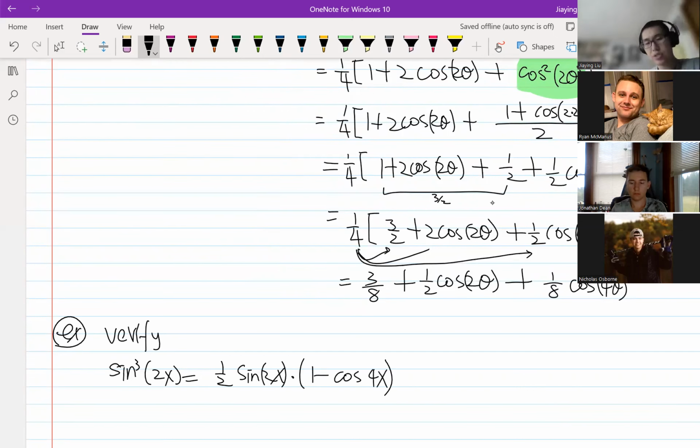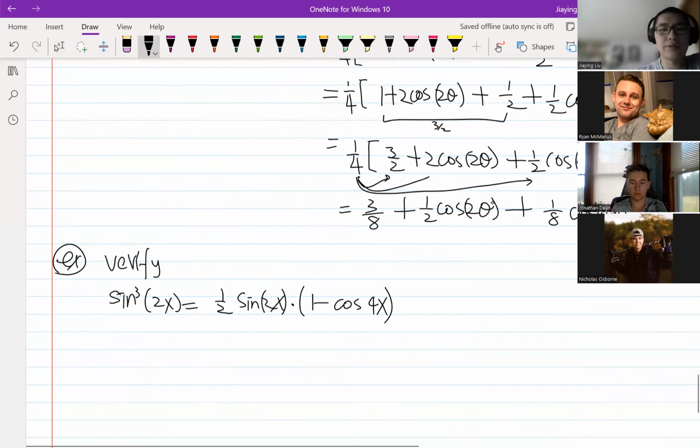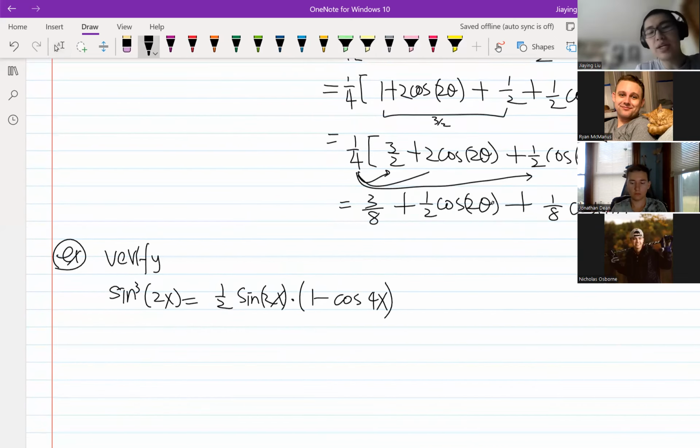We want to show that's true, or maybe show it's not true. Again, you might think, okay, let's begin with the right-hand side. You could, but from my experience, it's difficult to figure out what this part is. So we're going to begin with the left side using the reduction formula.